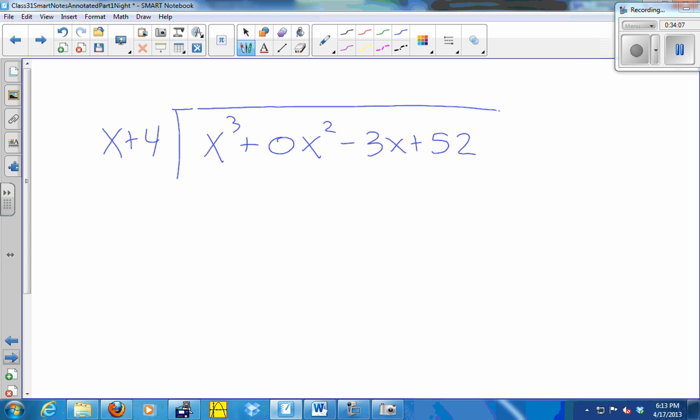So notice I wrote down the 0x squared. We're going to do polynomial long division analogous to long division with regular numbers. In regular numbers, if you don't have any hundreds, you put a 0 there as a placeholder. In order for this to match what we do with regular numbers, you have to have that placeholder. Otherwise, things get all messed up.